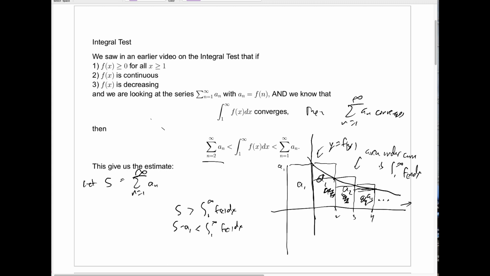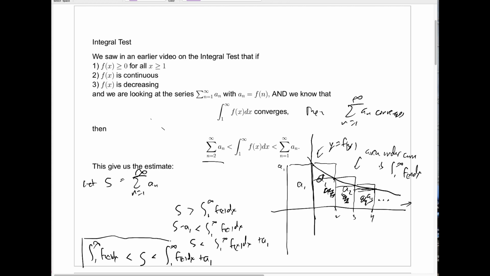In other words, s is less than this integral plus a sub 1. If I just rewrite these inequalities a slightly different way, we find that the sum s is somewhere between the integral from 1 to infinity of f of x dx and the integral plus a sub 1.